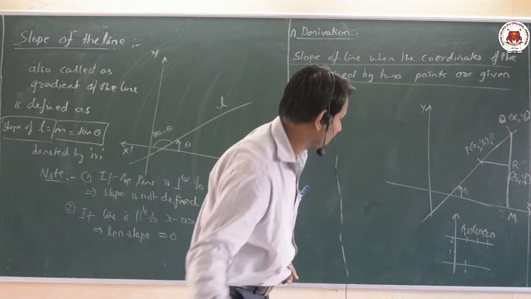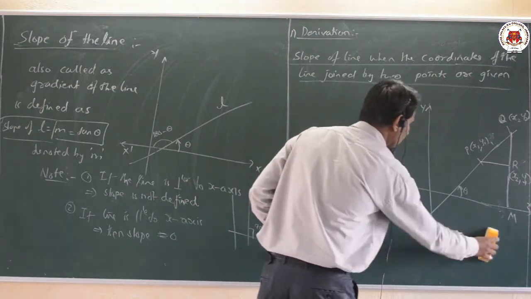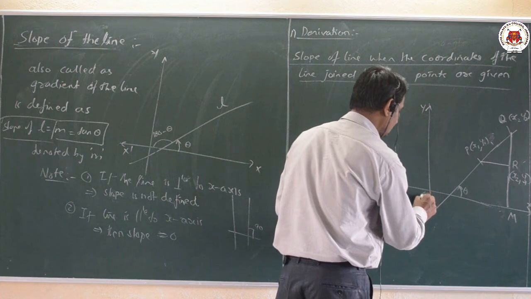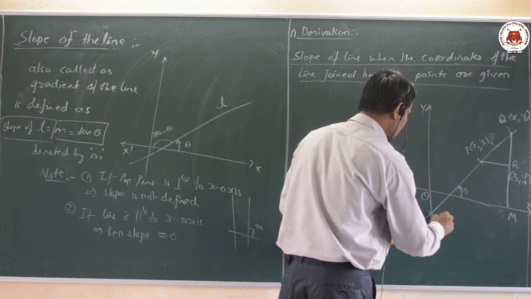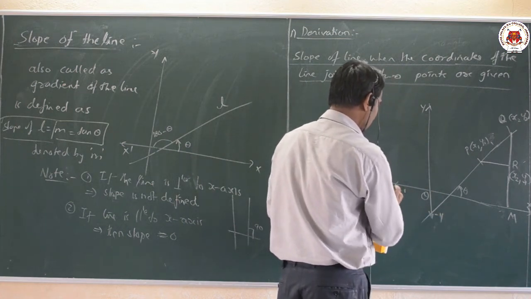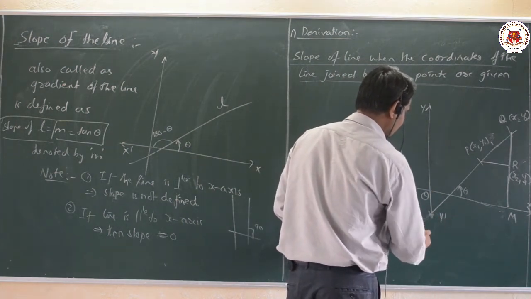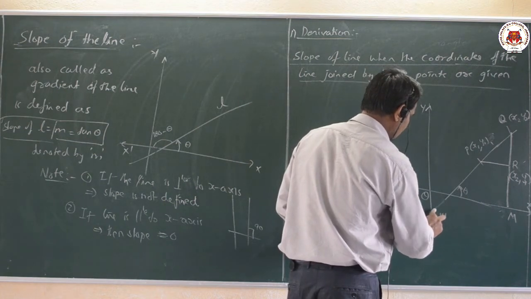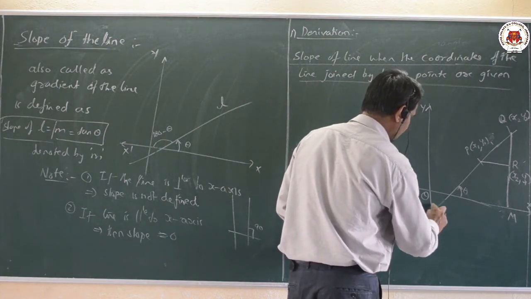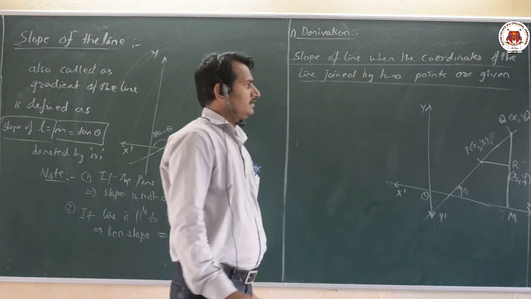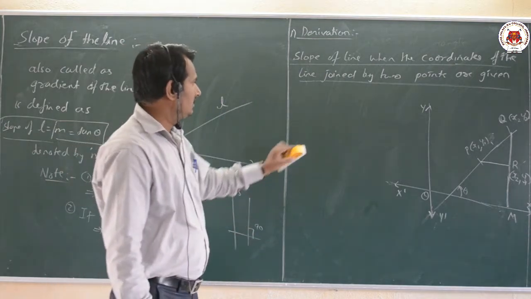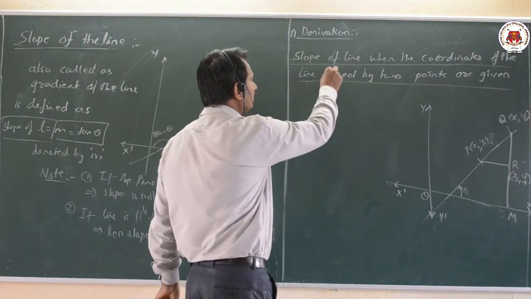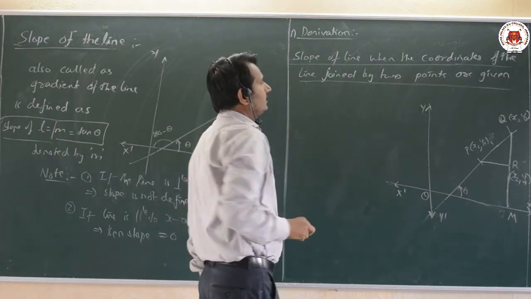So dear students, what data have we taken here? Let us take the origin here, with x dash and y dash, minus x and minus y axes. Now this is the first part. Next part is very simple.